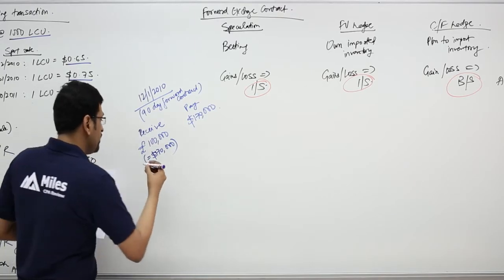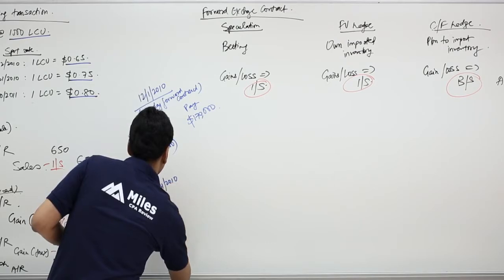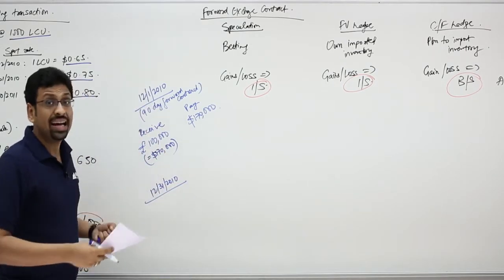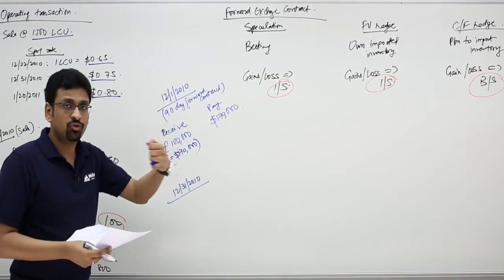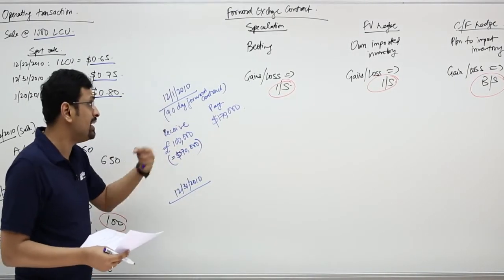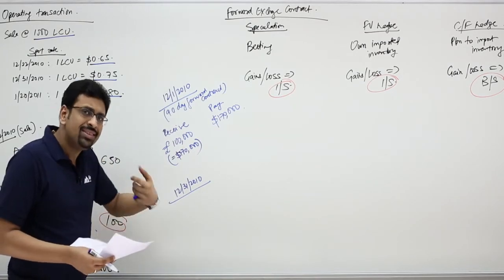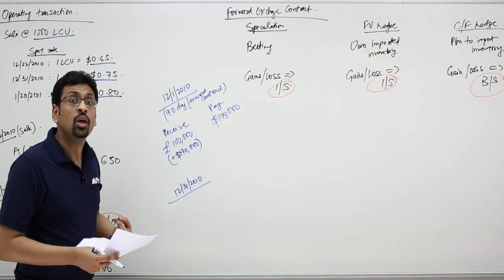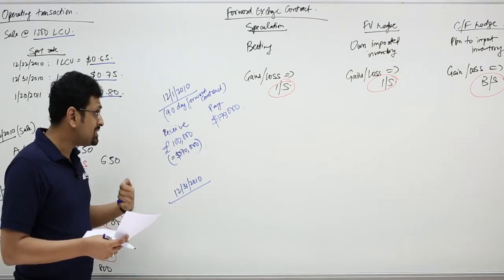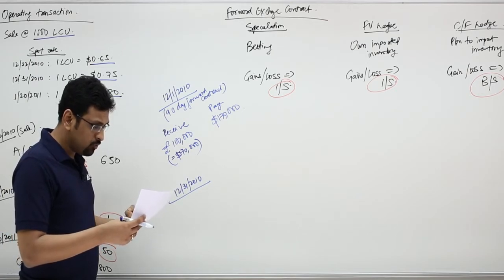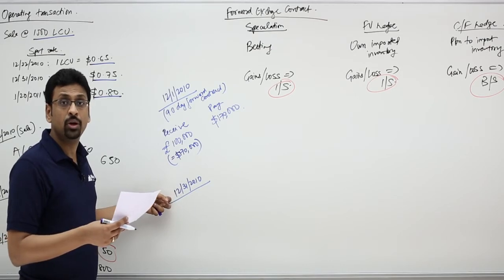Now, on 31st December, when they look at this contract again: on 1st December, there were 90 days for the contract to be settled, so we looked at the 90-day forward rate. On 31st December, it's just 60 more days, so now we're going to look at the 60-day forward rate. The 60-day forward rate for pounds is $1.78 on 31st December 2010.